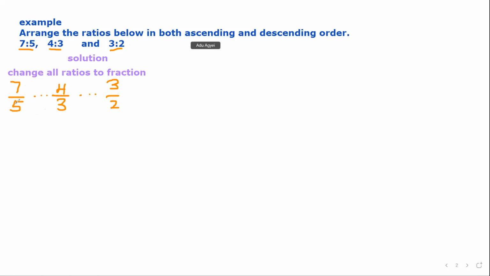Then, because these fractions have different denominators, here is 3, here is 2, and here is 5, you change all these fractions, which are unlike fractions, to like fractions.